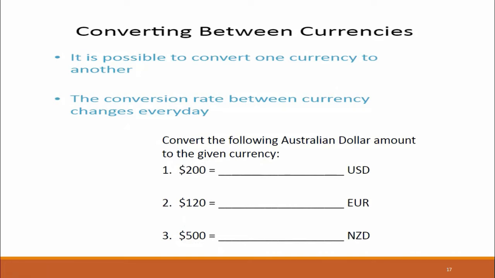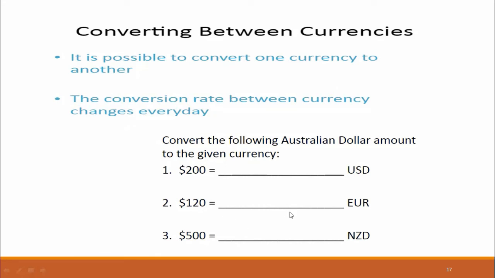One Australian dollar is equal to how many USD? Then multiply that amount by 200. You will convert the $200 of Australian dollar to the USD.